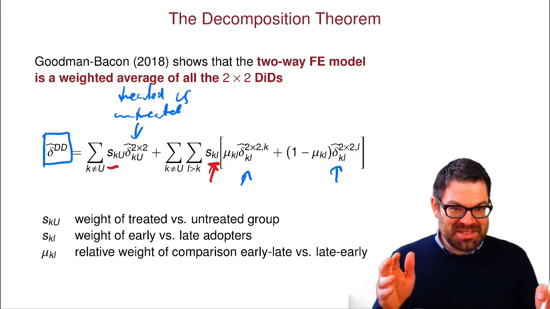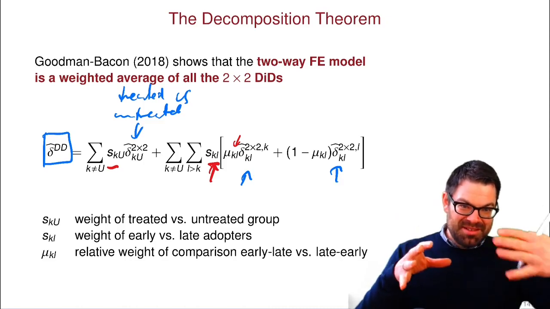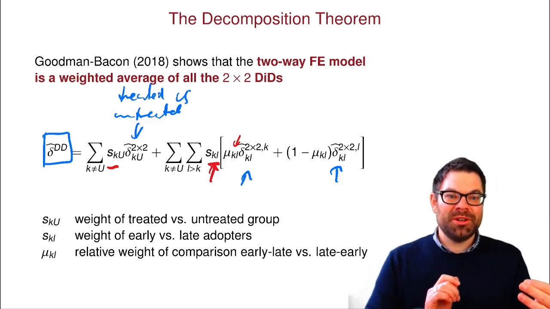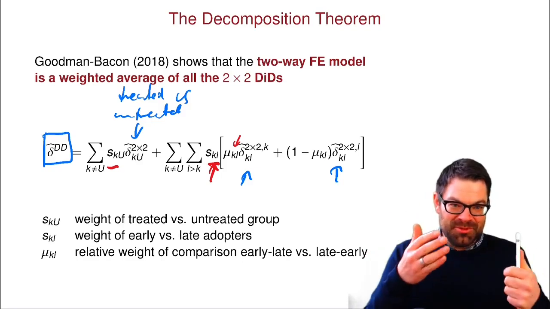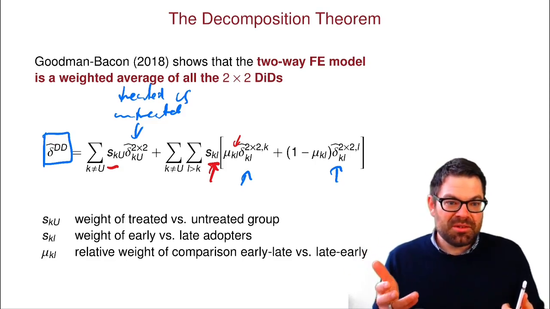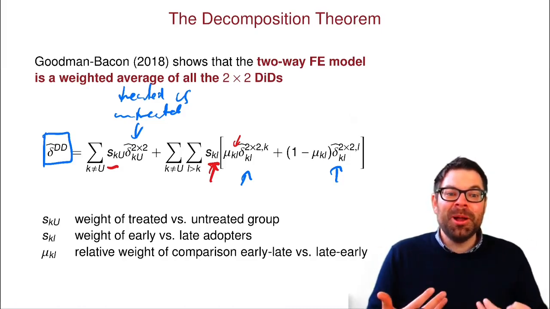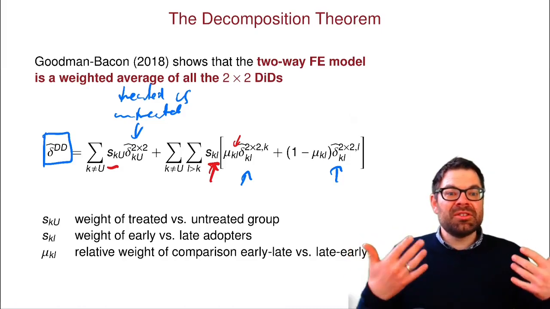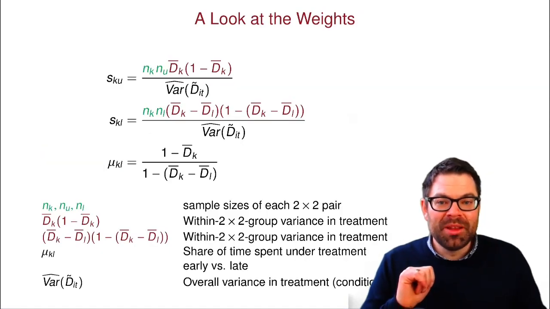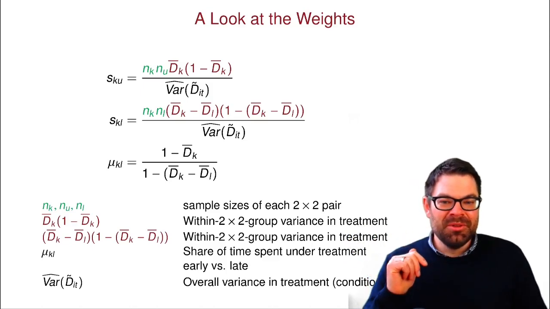And then you have a third set of weights, among those that exploit the staggered adoption, early being a control group for the late, late being a control group for the early, which gives the relative weight of these types of comparisons. Can you influence those as a researcher? No. These weights follow automatically from you using a two-way fixed effects estimator. So, what are those weights? And now this is where things get really tricky.